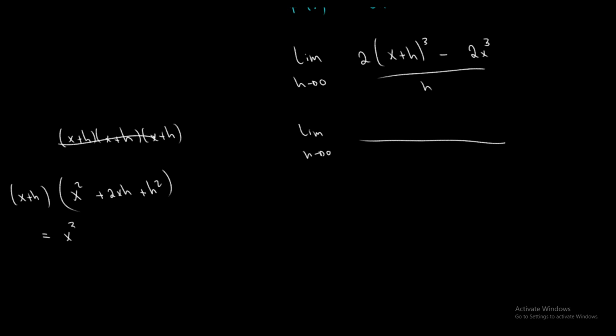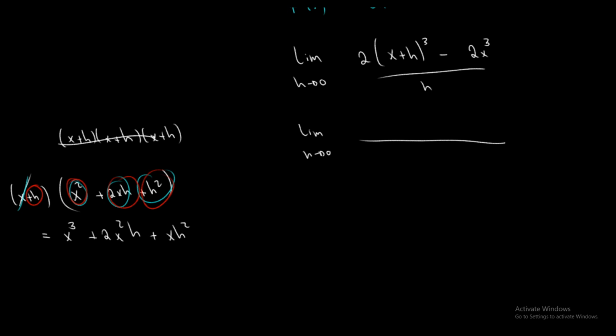So that gives me x cubed, that gives me 2x squared h, and that gives me xh squared. Okay, so this one's done. I just multiplied that with this, this, and this. Now I'm going to multiply my h with this, this, and this. And then we're going to add the like terms.